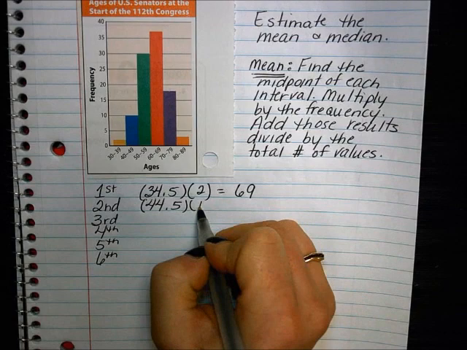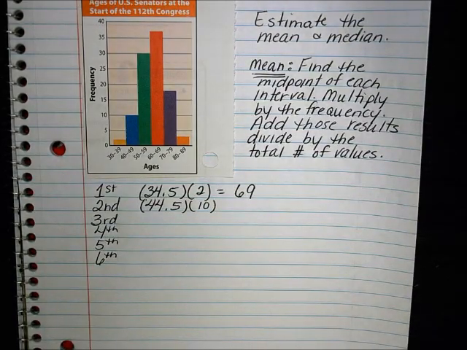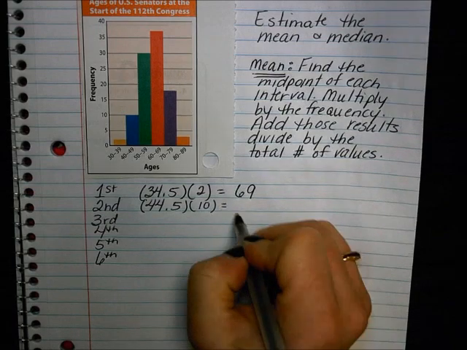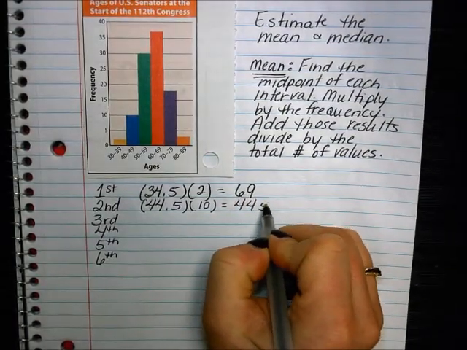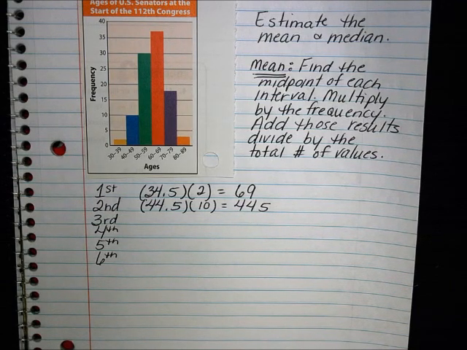And there were 10 people in that range. So there's 10 people that are approximately, on average, 44.5 years old. So altogether, that'd be 445 years of age. Go through and figure out the rest of those, and then we'll see if we can find the mean.